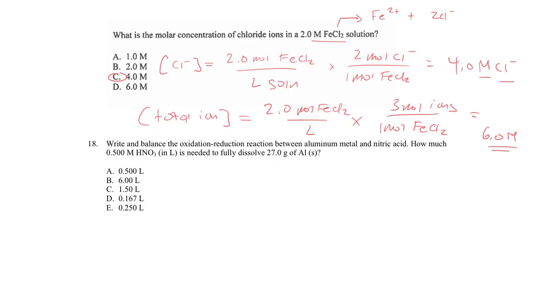So we're asked in the last question on this particular packet, again, this is a chapter 4 review packet and lecture slides. We're asked to write and balance the oxidation reaction between aluminum metal and nitric acid, and then we're asked a stoichiometry question about it. Okay, so aluminum metal will be Al solid, HNO3.